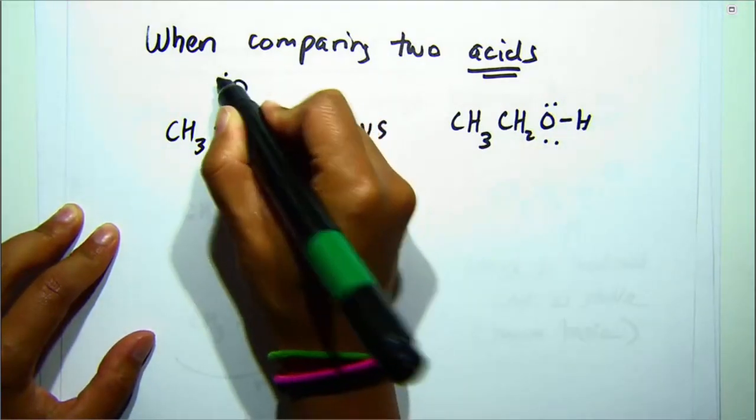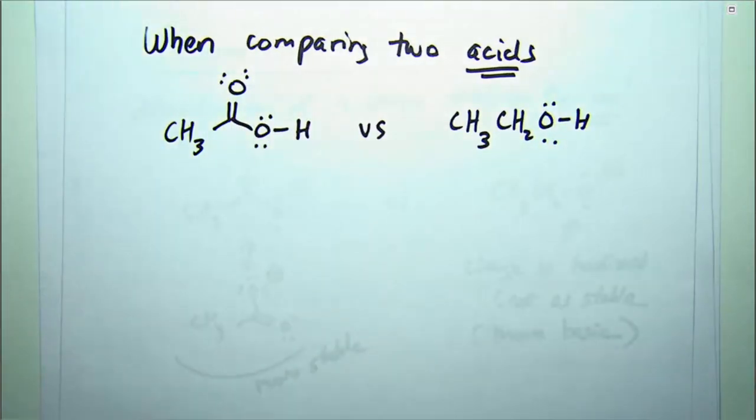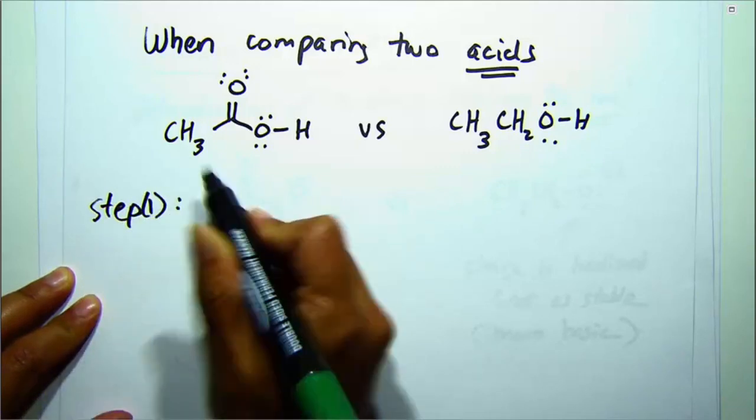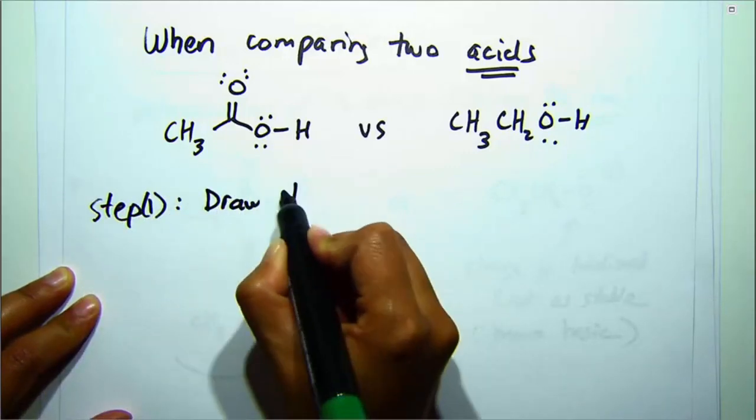This is the thing about the logic. It's really hard to just look at two structures and compare them, because what we're trying to compare is a thermodynamic value, right? pKa, equilibria. And so the very first step in order to do this, step one, is instead of just comparing the acids, you're going to draw the conjugate bases.